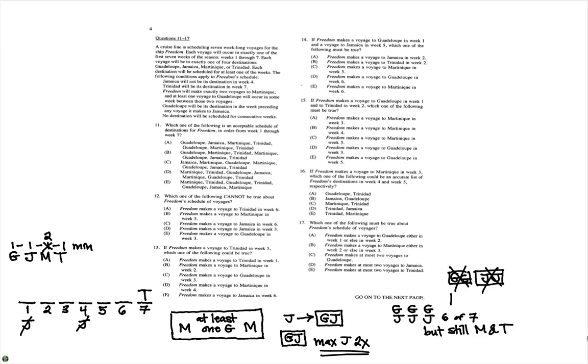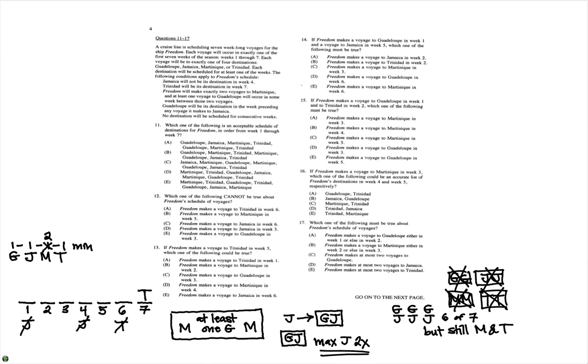We can't have Martinique, Martinique. And we can't have Trinidad, Trinidad. Well, since we know Trinidad is in week 7, can't go consecutive weeks, tells us Trinidad cannot be in week 6. And that is the general setup for this game.